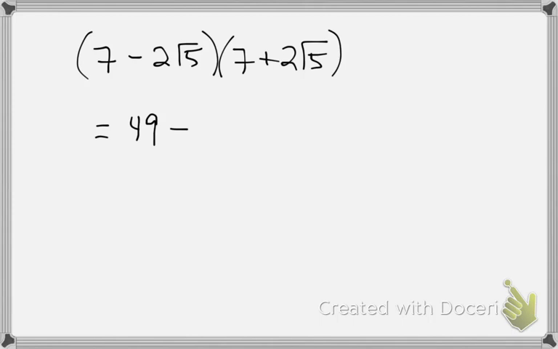So close. 4 times 5. So the 7 is not under a square root. A is played by 7, so a squared is 49. B has both inside and outside, right? The 2 is outside, so it squares to 4. The 5 is under a square root, so that squares to just 5. Does that make sense? And that winds up being 49 minus 20, which is 29.